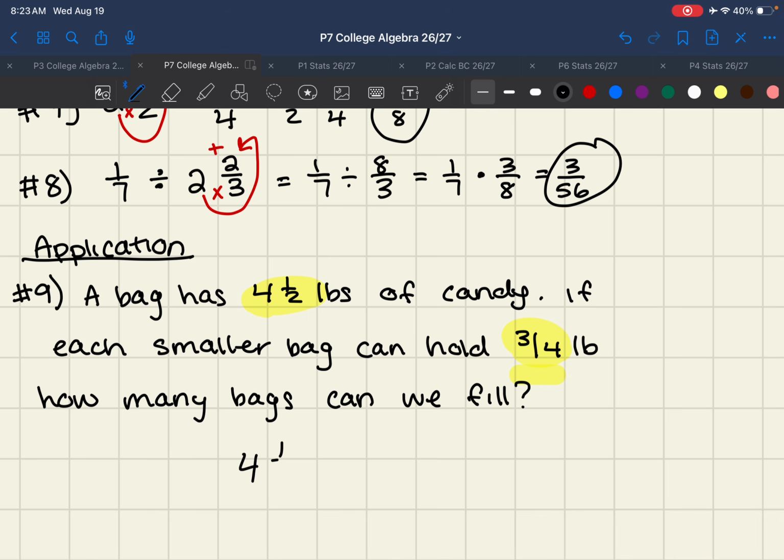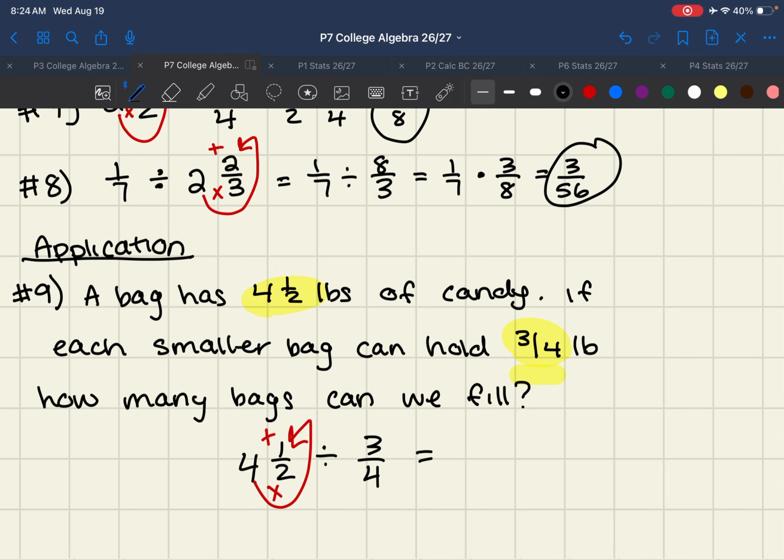So we have 4.5 divided by 3/4. So how many 3/4 pounds of candy can we get out of 4.5 pounds of candy? And so in order to do this, we first need to change our mixed number into an improper fraction. So we have 4 times 2, which is 8, plus 1, which is 9.